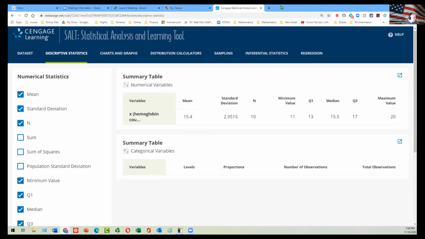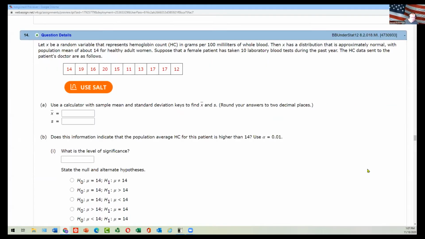So it's pretty much just hit the calculator, SALT, and then go to the descriptive statistics. They want the answers to 2 decimal places. Well, this one only has one. And the other one, if I round it off, becomes 2.95.